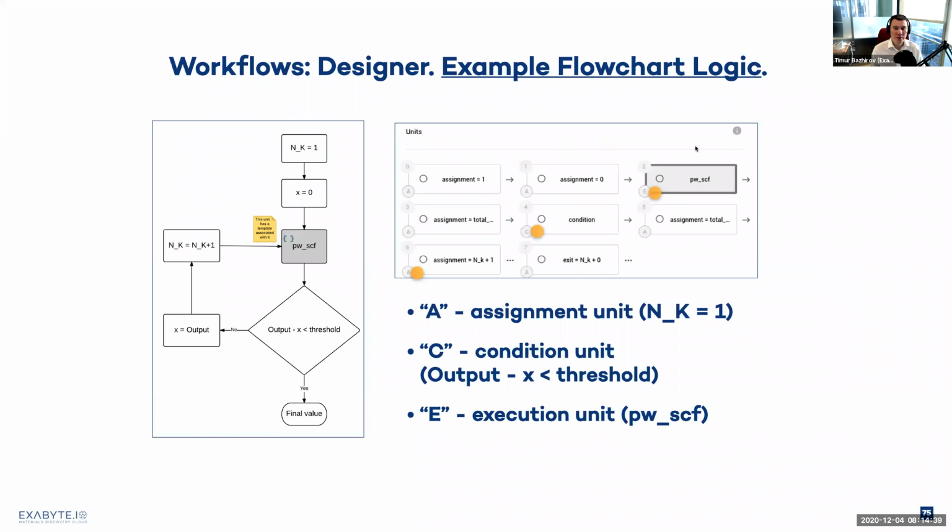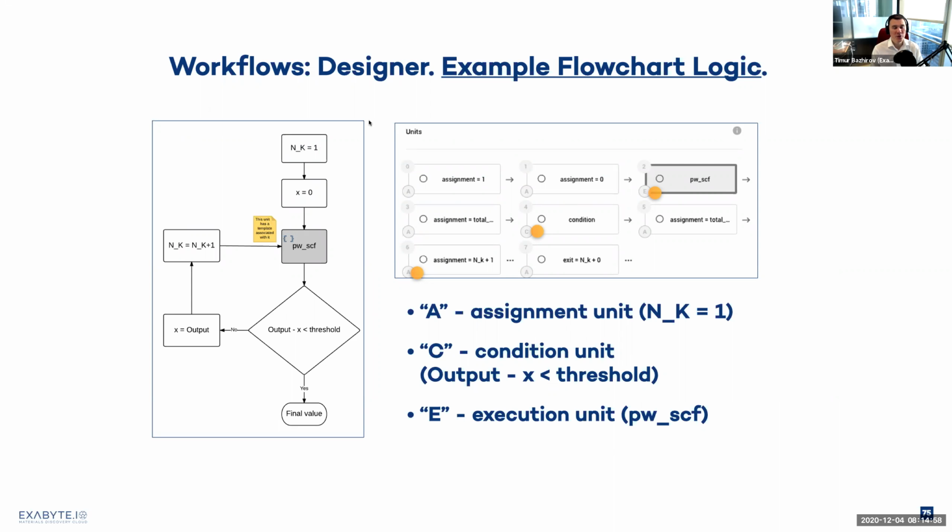And to understand the logic in which these different units are connected, we have to represent it as a flowchart. And this logic that is demonstrated on the right, if we trace it, we will come up with this flowchart.